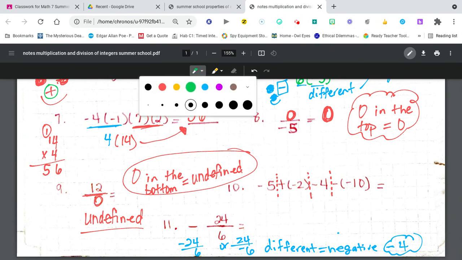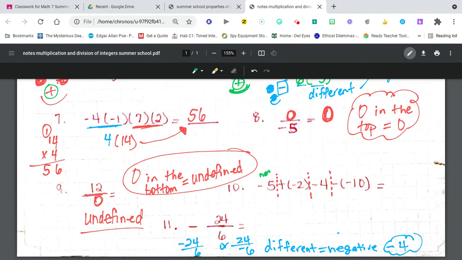So it tells me right here that 5 is negative. Plus negative 2 is the same as negative 2. So it's negative. Minus 4 is also negative. Minus a negative is the same as plus 10. That's a double negative. So that's a positive.